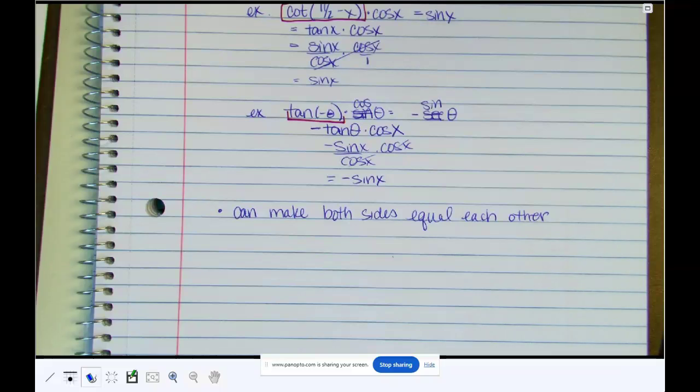The only example I have in the book is ridiculously difficult, so I don't really want to do it. Let me see, just a second. If I can find one that's not ridiculously difficult. No, I don't. It's terrible.